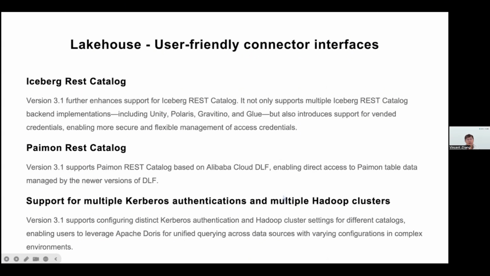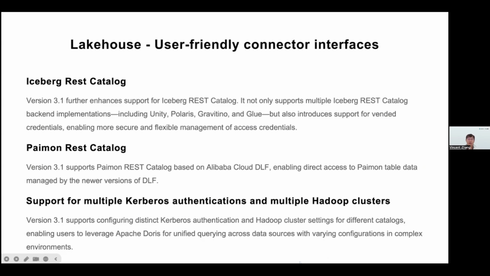Doris 3.1 not only enriches the data lake query capabilities and improves query performance, but also provides user-friendly connector interfaces for catalogs. First, it adds support for the Iceberg REST catalog.